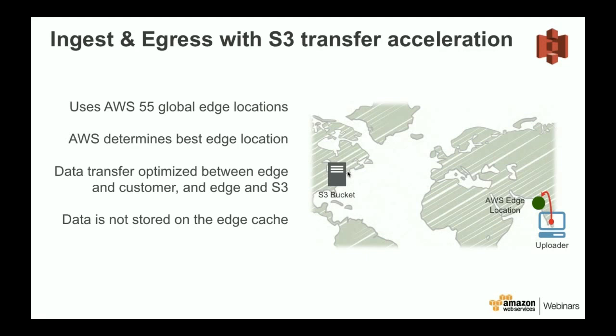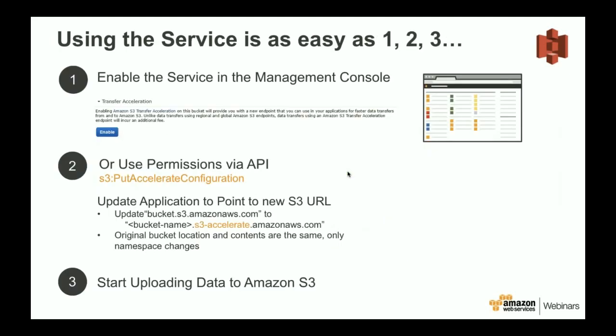You upload to a nearby AWS location, and then the rest of the way, the files are transferred using Amazon internal WAN networks, which are optimized for this transfer. It's significantly better for you, and typically you enjoy up to 50%, even 400% increase in the network performance for uploads.